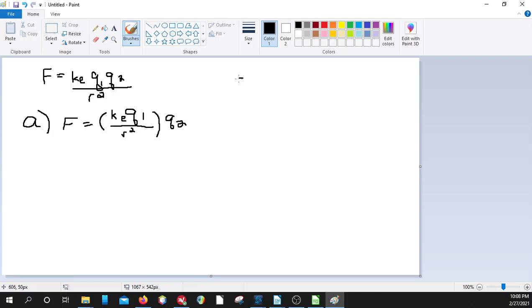So our data is going to be Q2 and F. We're controlling Q2, and then we're going to measure the force. So Q2 is the independent variable, and F is dependent. The force depends on charge Q2.